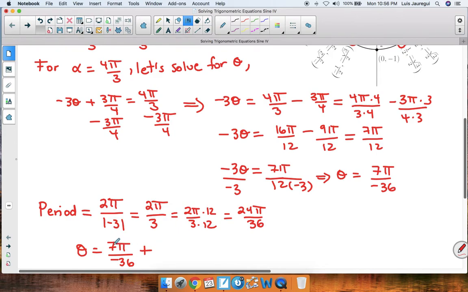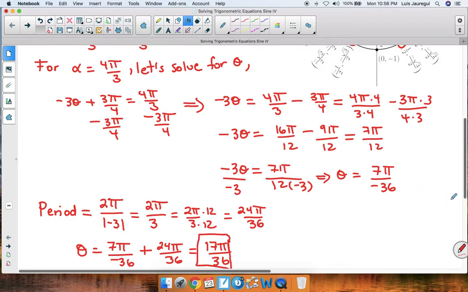So we take the 7 pi over negative 36 plus the 24 pi over 36. Now, doing the basic math here, we have 24 minus 7 gives you 17. So this is just 17 pi over 36. So this is our first angle, 17 pi over 36.